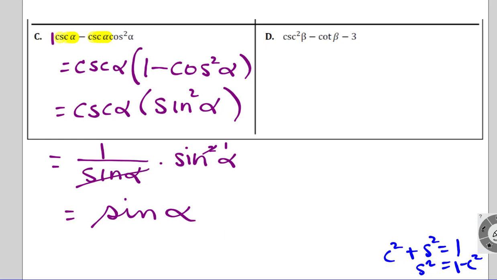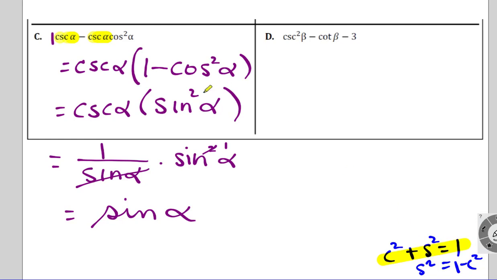Before, the step in between the top? Okay, from here to here, you mean? Yes, ma'am. Well, I thought this might have been one of my Pythagorean identities, so I had to kind of check, right? This is the basic thing that I remember: cosine squared plus sine squared equals 1.